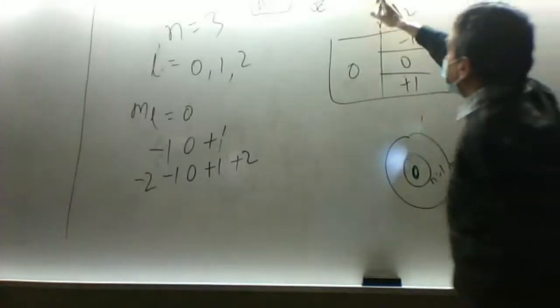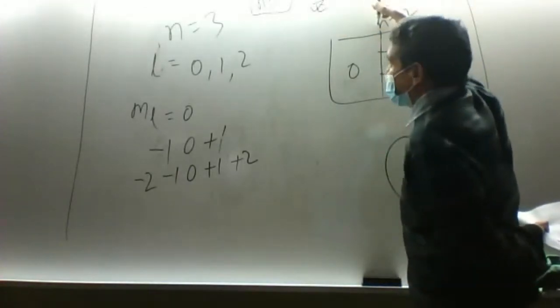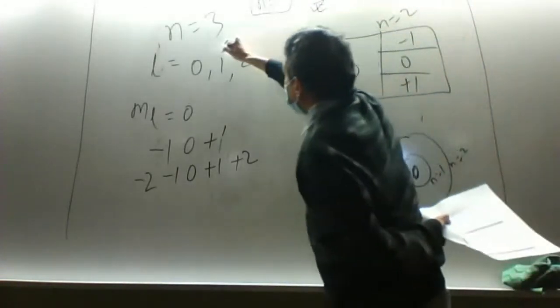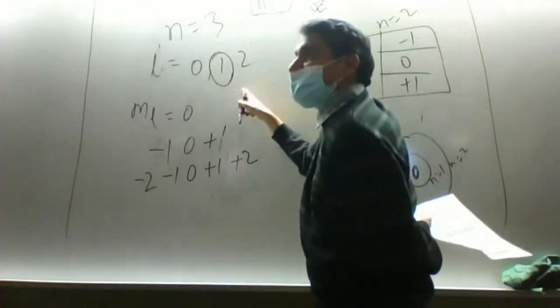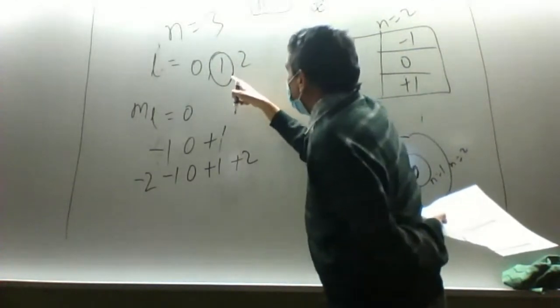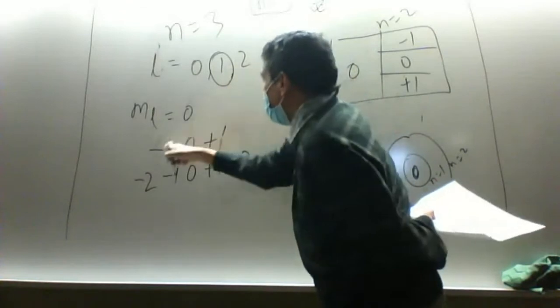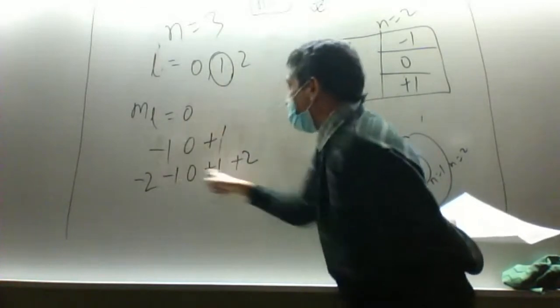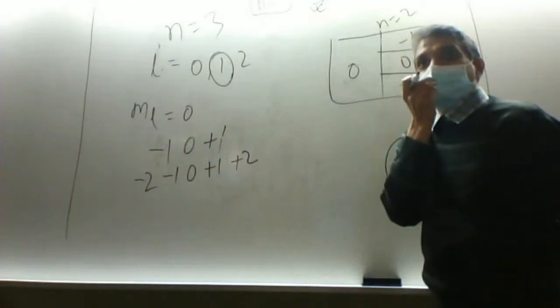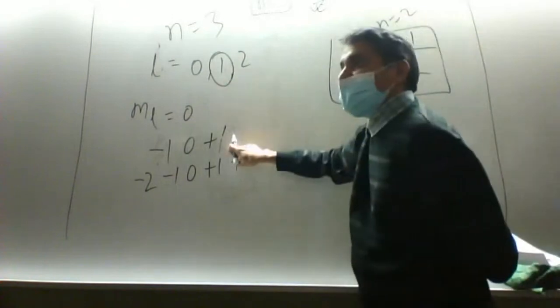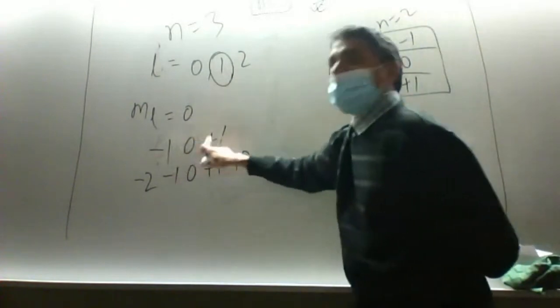Now my job is to look here. ML equals -2, and I have L equals 1. So look here. L equals 1, right? So from this number, which set am I coming from? From 1, I'm coming from -1, 0, and +1.